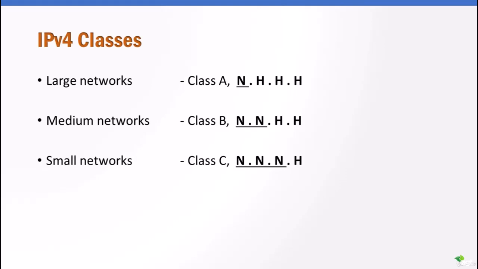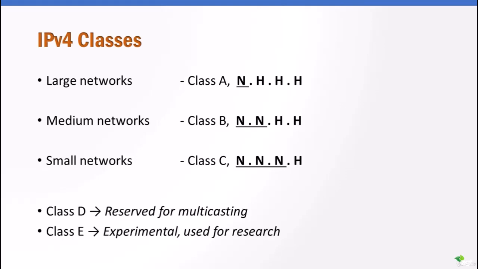So one Class C network can only have 256 different IP addresses in one subnet. Now, one more thing, there are actually 2 additional classes, D and E. D is reserved for multicasting and E is experimental and is used for research and documentation.